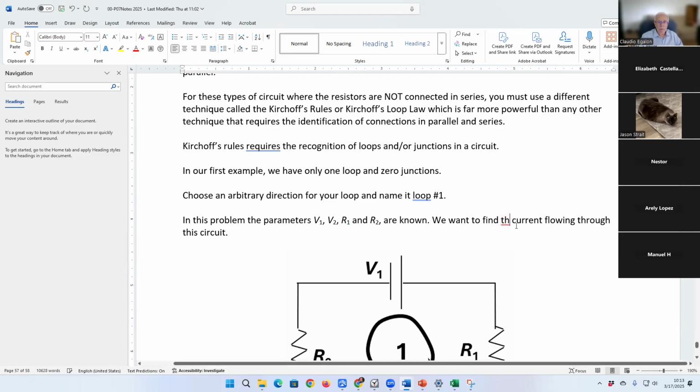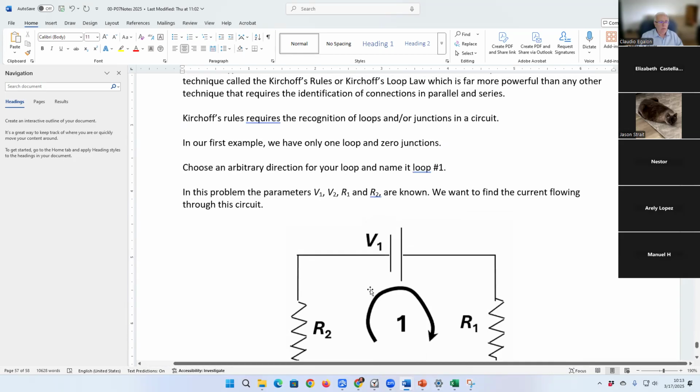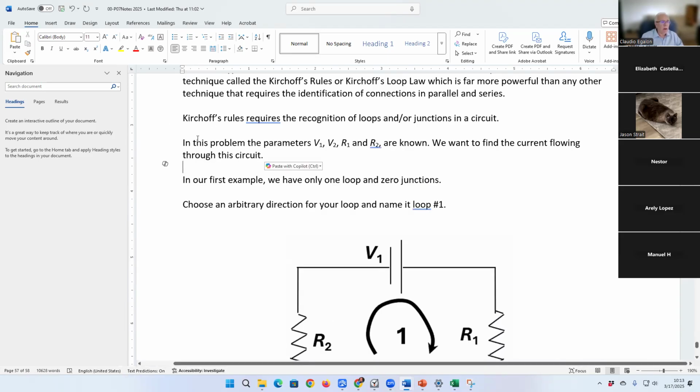The current flowing through the circuit. And I'm going to reorganize it. Let me reorganize it better. In our first example, the parameters V1, V2, R1, and R2 are known. We want to find the current flowing through the circuit.